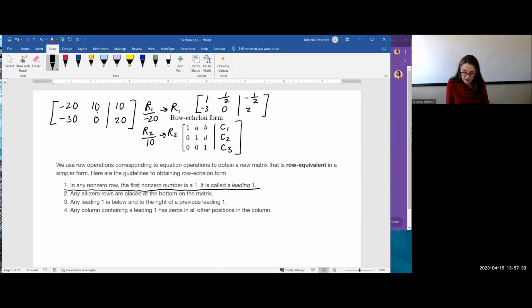So I fixed this first row, but the problem is I haven't fixed the second row. So if I'm going to fix the second row, I need to think about what I want to do. But in this particular case, I would actually probably swap the 2 rows. I'd like to have the 0 be in the first row. So I'm going to swap rows 1 and row 2.